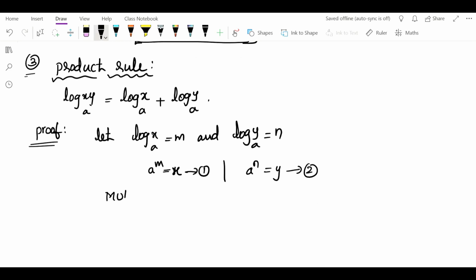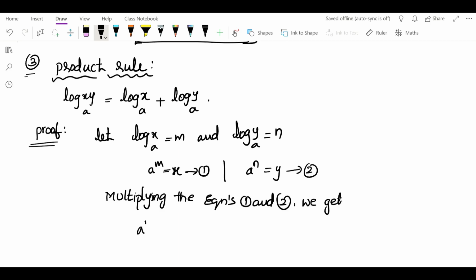Multiplying equations 1 and 2, we get a to the power of m into a to the power of n is equal to x into y.